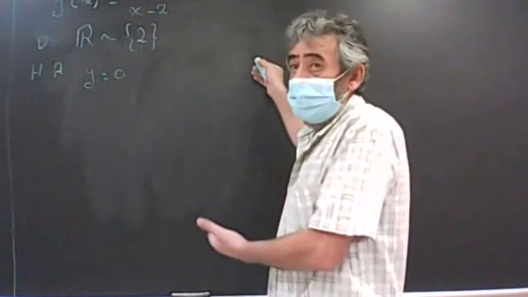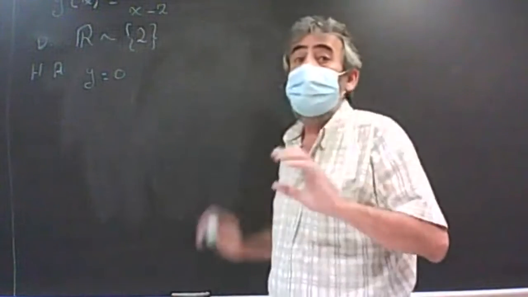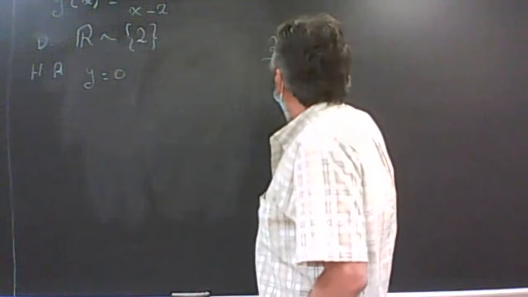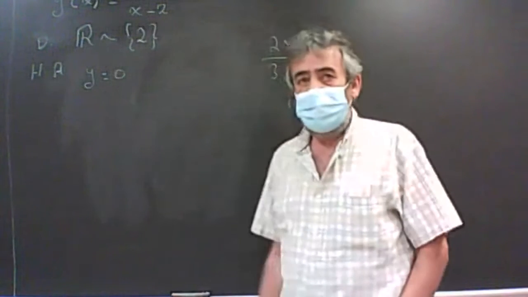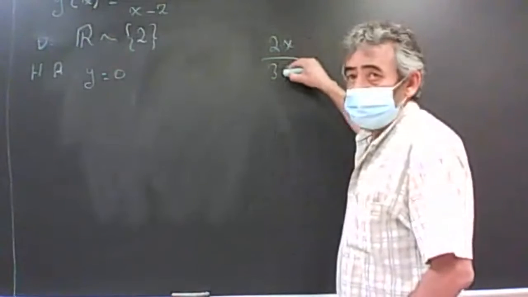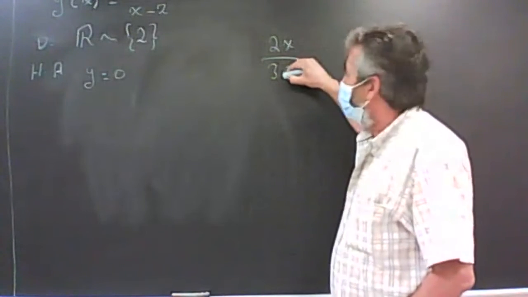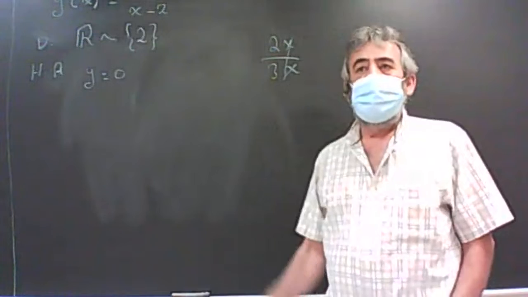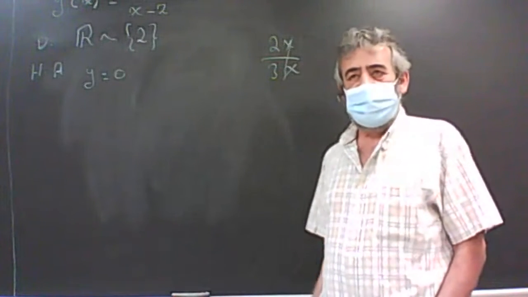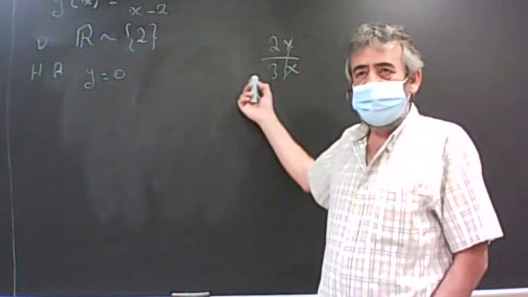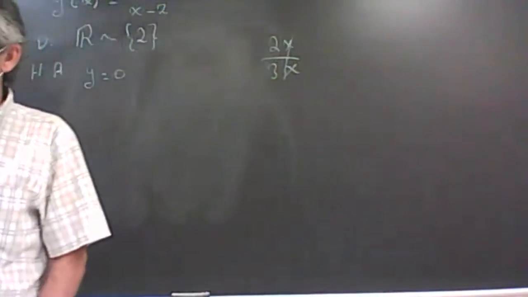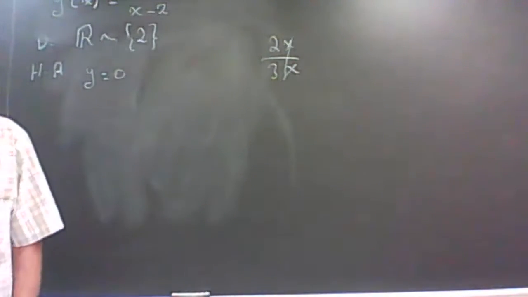Now, if the exponents were the same, let's take a quick scenario. I don't worry about anything else, only the first two numbers. Just say 2x over 3x. What happened with those x? What's left? There you go. That's your answer for the horizontal asymptote. Now, let's take a look at the other scenario.